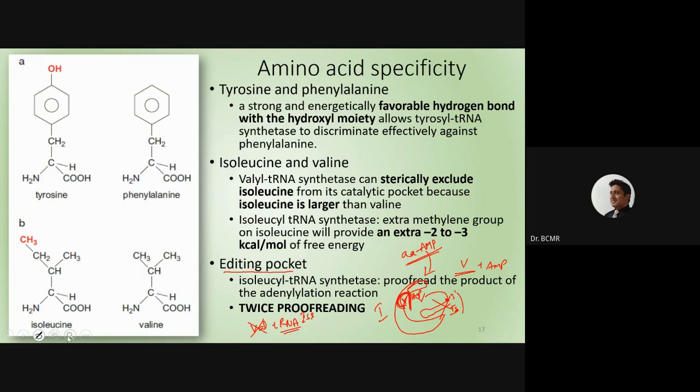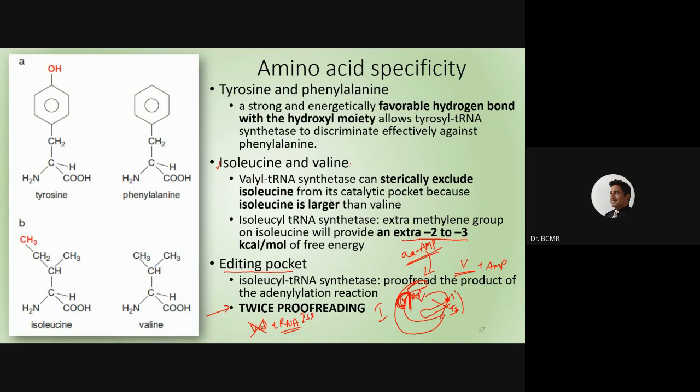Yes, so it is twice proofreading. Once it is free energy based, because I'm talking only about isoleucine tRNA synthetase: the free energy is higher for the interaction between the tRNA synthetase and isoleucine, and lesser for valine.